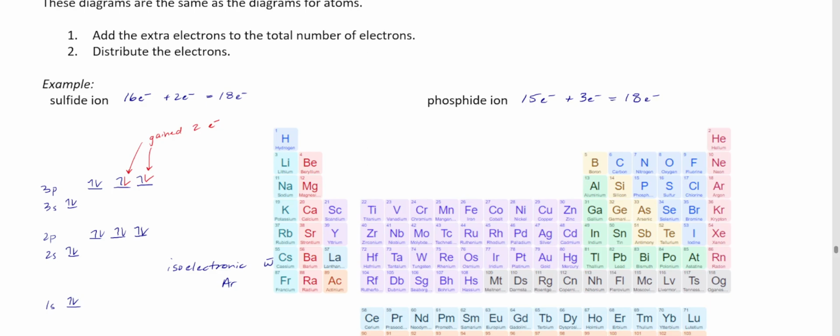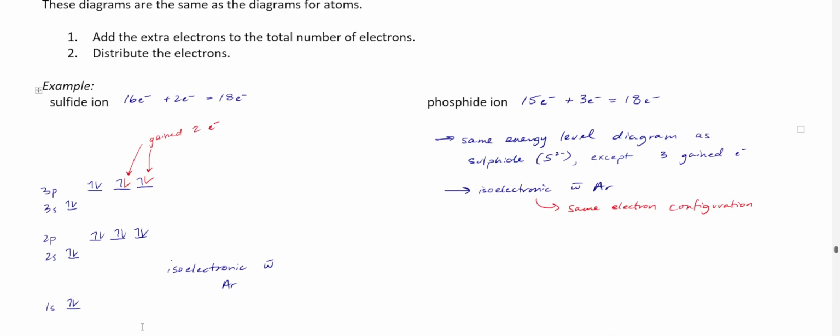And so what you might notice is, this is going to have the same number of electrons, and therefore its energy level diagram is going to be the exact same as the sulfide ion. So as opposed to redoing this exact same electron configuration, we'll just write it has the same energy level diagram as sulfide, except instead of having 2 gained electrons, it's going to have 3 gained electrons.